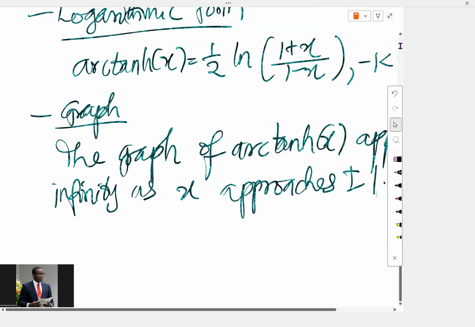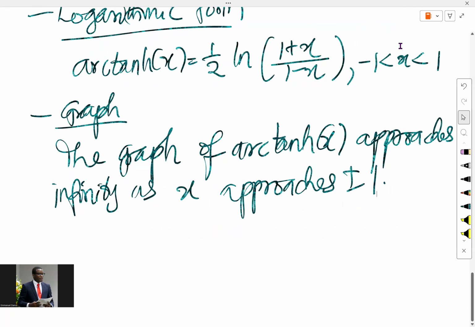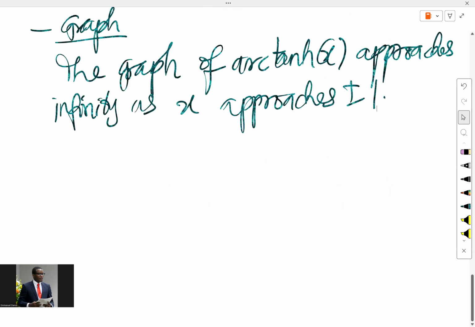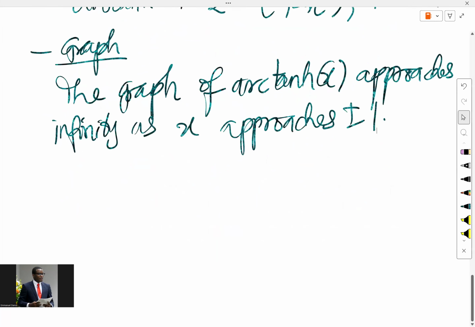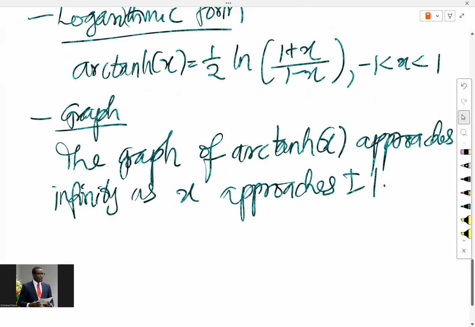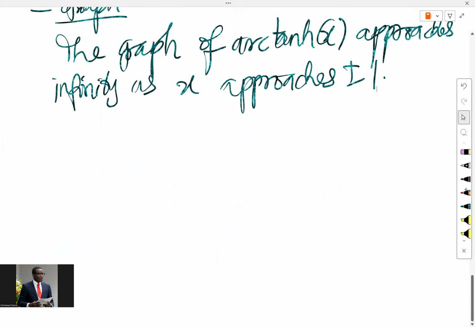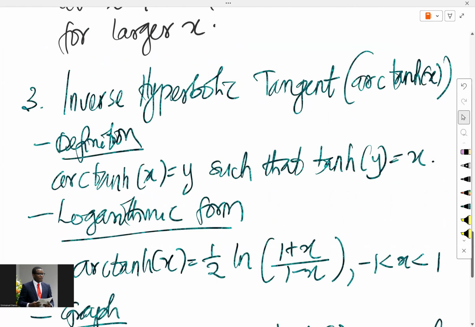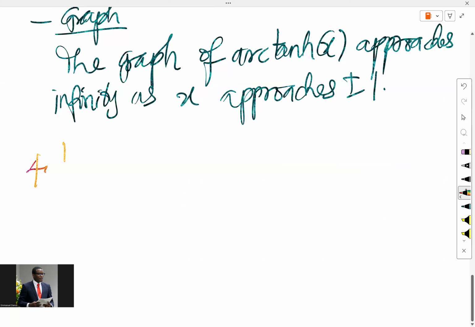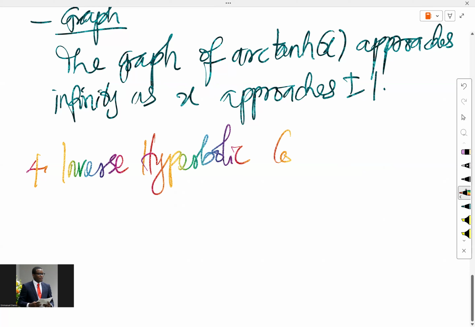So that takes us to the next one, which is inverse hyperbolic cotangent. So that's number 4. Inverse hyperbolic cotangent.